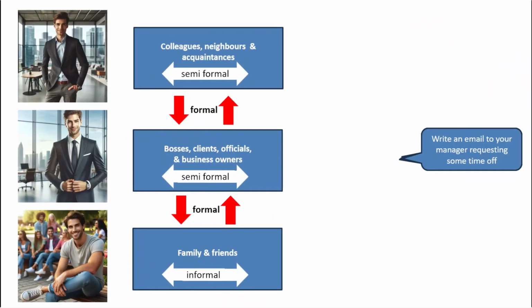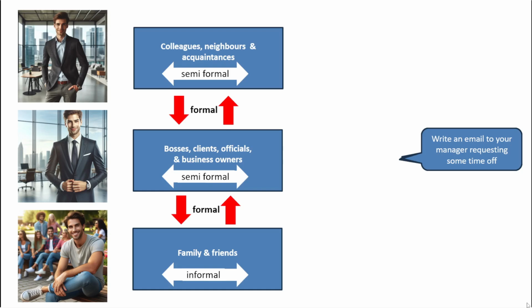So when you look at your writing prompt for the email in the CELPIP test, you want to identify both the person that you're writing to, so who are you writing to, but also who you are. So for example, in this prompt, write an email to your manager requesting some time off.